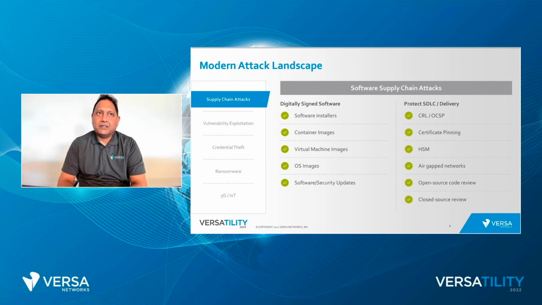And if the public CAs are being trusted for the digital signatures, then there's still a possibility that software supplier A and software supplier B can get code signing certificates from the same public CA, and there's no way to verify whether software supplier B is a legitimate software supplier or a malicious actor. So certificate pinning is really important, so that each software vendor provides their own certificate pinning.